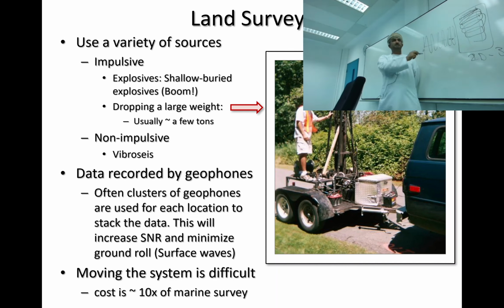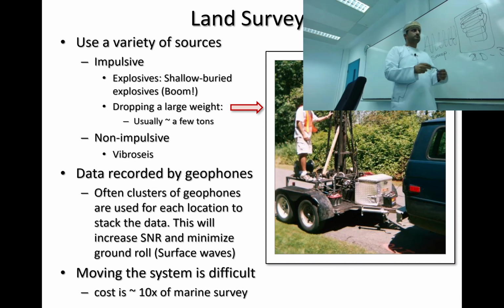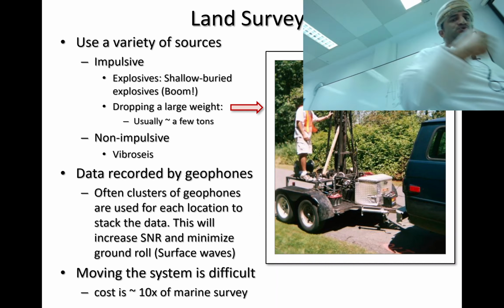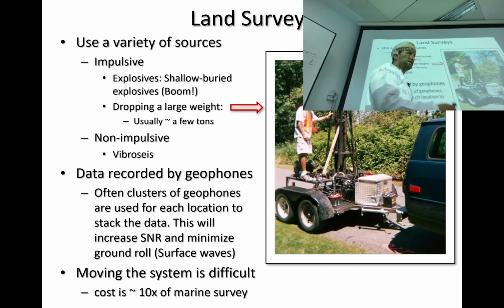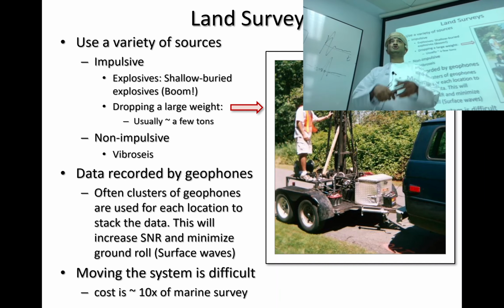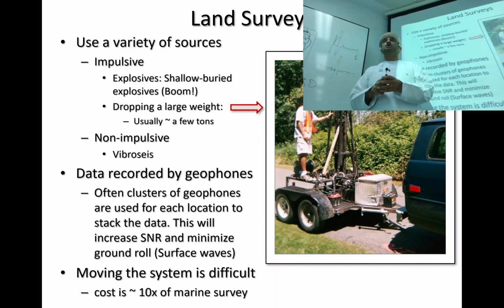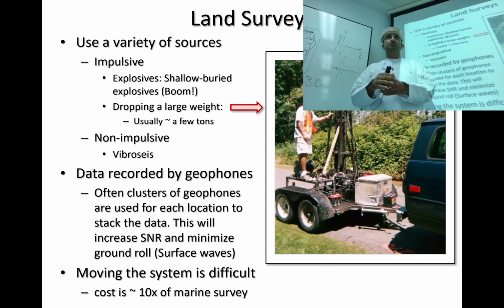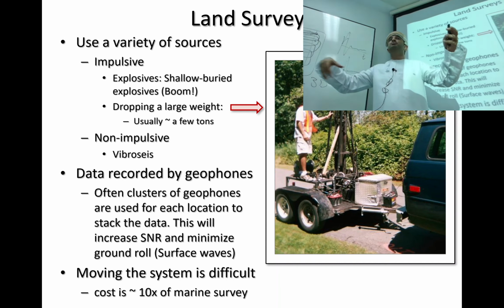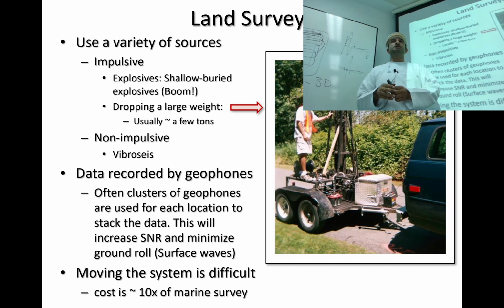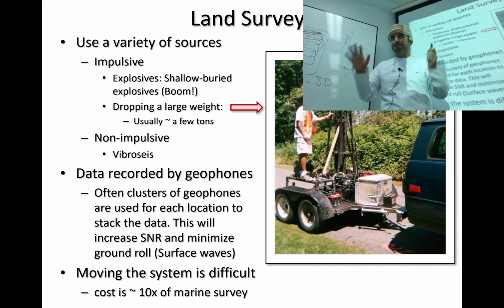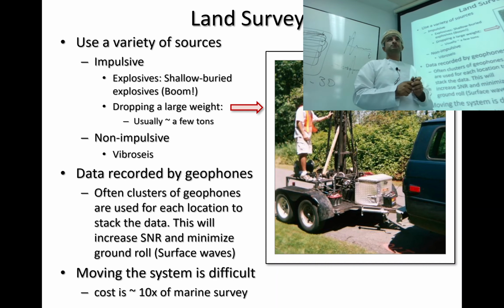We call it a sweep. Often we use not only one vibrator at one point, we use multiple vibrators. Or even at the same point where we have the geophone, we combine multiple geophones together. The objective is simply to increase the signal to noise ratio.